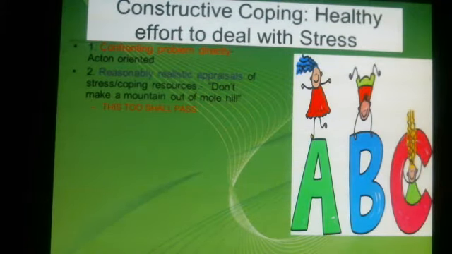Okay, the second one then is make reasonable appraisals of your stress. Don't make a mountain out of a molehill. Don't think too much into it. A lot of times we start getting into stress, and I do this horribly bad. I will start getting stressed out, and I will start getting all upset, and I just go into these anxiety-driven episodes, and really I just have to take a deep breath and say, this too shall pass.